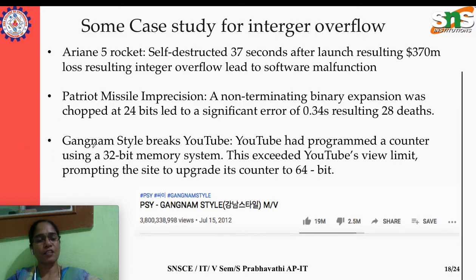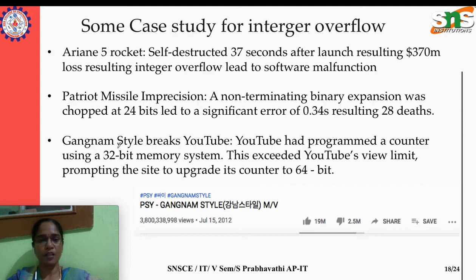And one more, Gangnam Style, as everybody will know. YouTube programmed a counter of how many people are viewing that video. YouTube implemented a 32-bit number system, but due to its popularity, Gangnam Style broke that range.